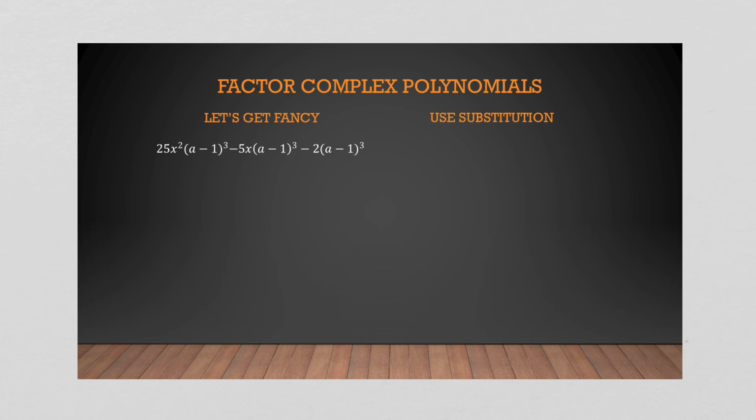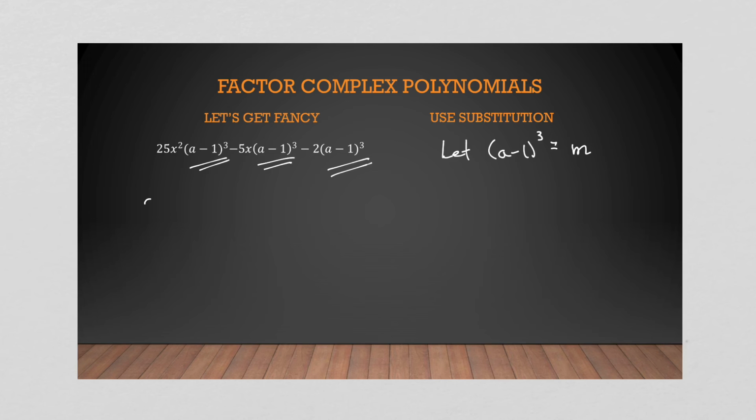So last one. What happens if you got something kind of nasty like this? Well, you might notice right off the bat that that is the same and it's a common factor and you can factor it out. And if you can do that, good for you. But as you're working on getting better at this stuff, declutter your question by using substitution and say, okay, well, why don't we let a minus 1 cubed be equal to a different variable? So let's say m.